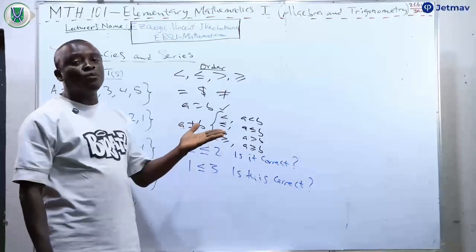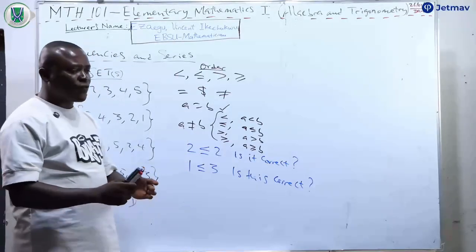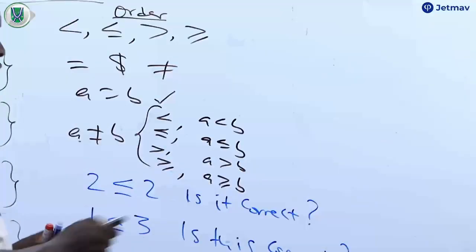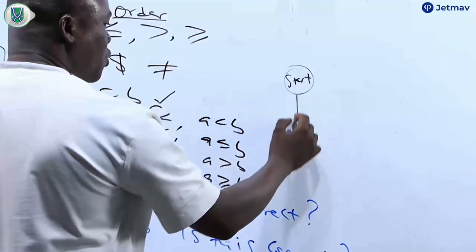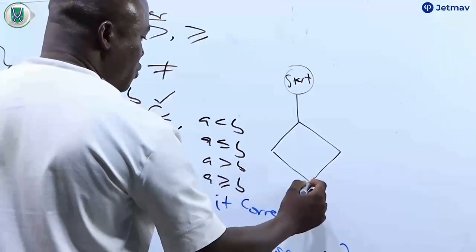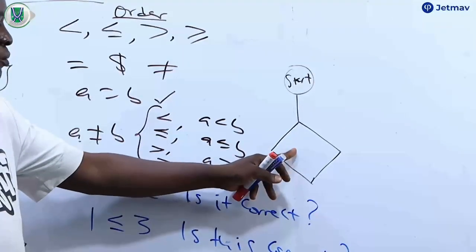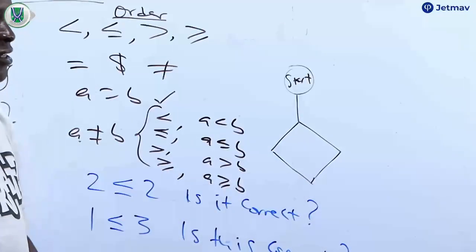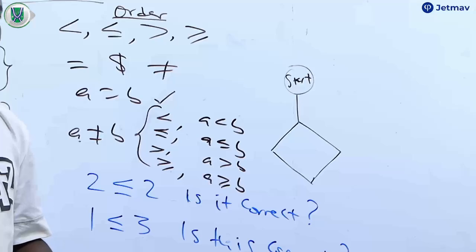It is helpful even in programming language, whereby when you are writing a program, you may start with an algorithm by getting the box for it. You start with start, then you go down, then you go to the diamond, whereby you have the decision box here, where the question will be, enter the number. You enter a number. It is meant for you to enter a real number, not a variable.